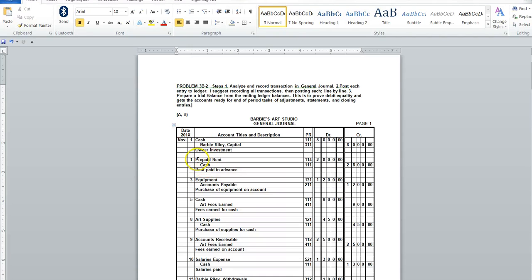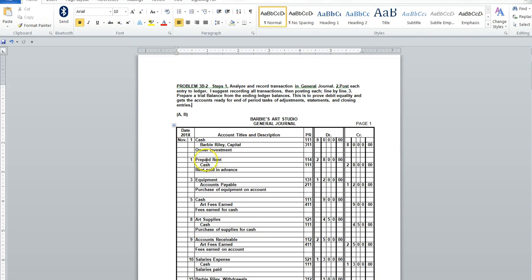You're creating an asset. Any kind of account that is labeled prepaid is an asset because you're going to pay now and use later, and that really denotes where the transaction is going to get recorded.